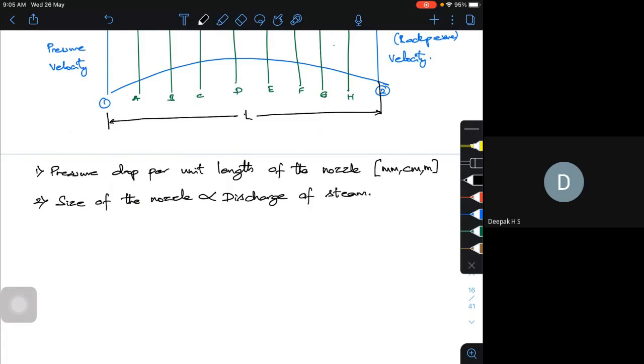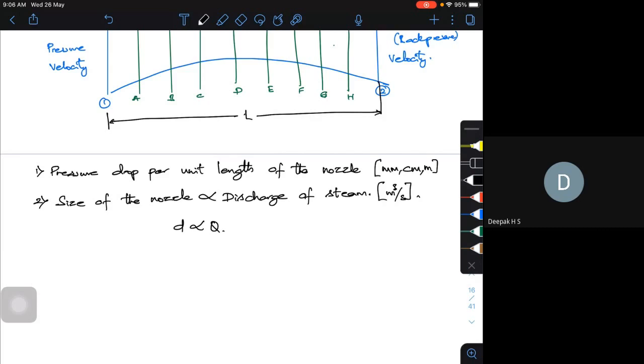I am going to represent the discharge in meter cube per second. Size of the nozzle means it is D, so D is proportional to Q. Higher the discharge, bigger the diameter. Smaller the discharge, smaller the diameter.